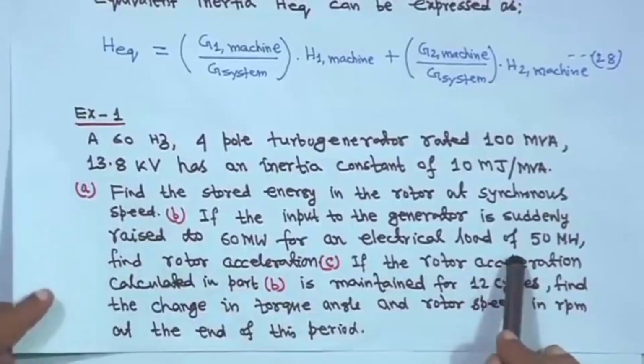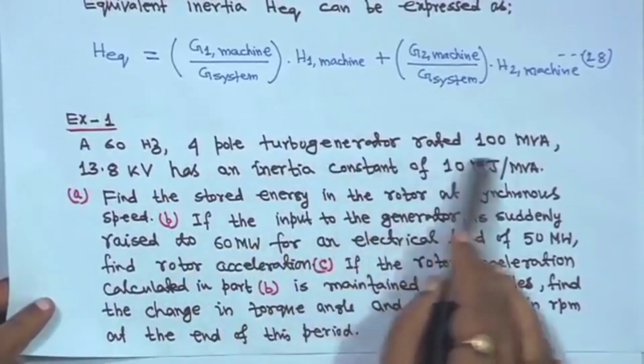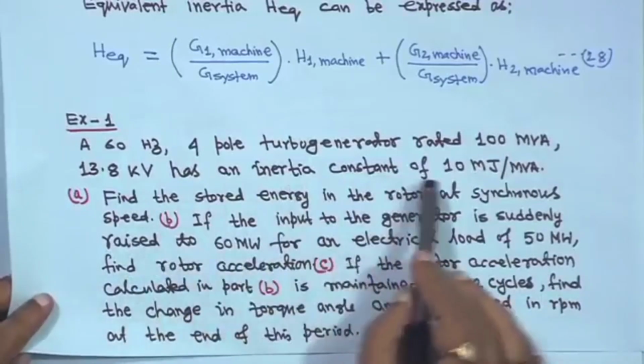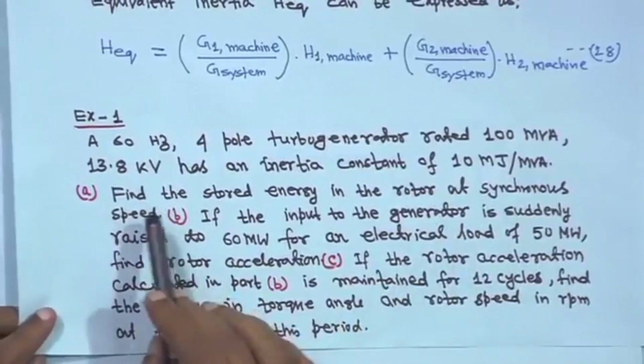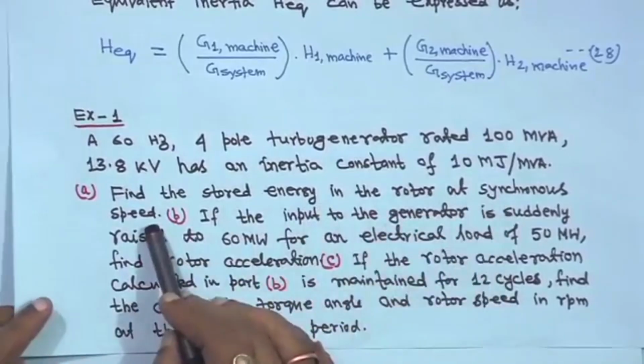So, the first example: a 60 hertz 4-pole turbo generator rated 100 MVA, 13.8 kV has an inertia constant of 10 megajoule per MVA. You have to find out: A, find the stored energy in the rotor at synchronous speed.